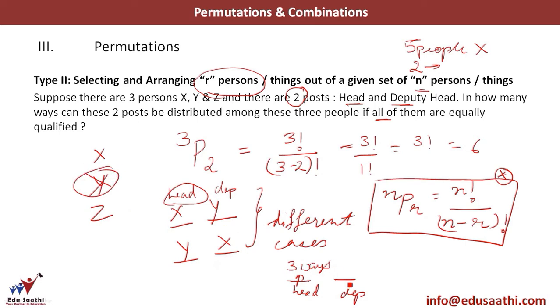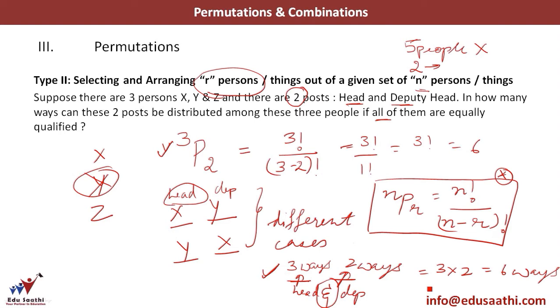So for the second place, I have only 2 ways, either X or Z. Since I have to select a head and a deputy head, I will multiply these two and I will have 3 into 2, 6 ways. So in both these methods, 3P2 or the fundamental principle of counting, we get the same answer.